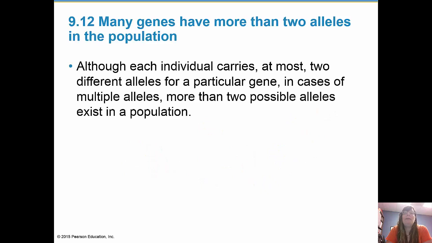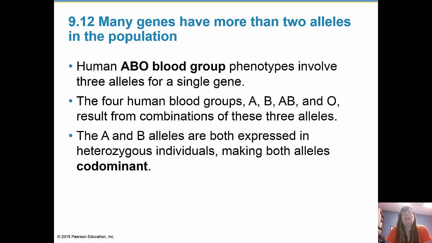So every individual carries 2 different alleles for a particular gene. Sometimes if you have multiple alleles, though, more than 2 possibilities can exist, like blood typing. Human blood has the ABO groups. So we have A, B, AB, and O. Now, A and B alleles are expressed at the same amount in the heterozygote individual, so that means these alleles are codominant.